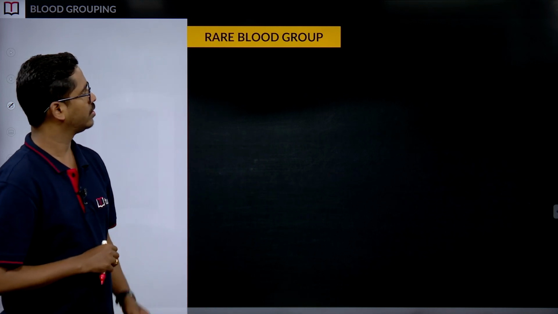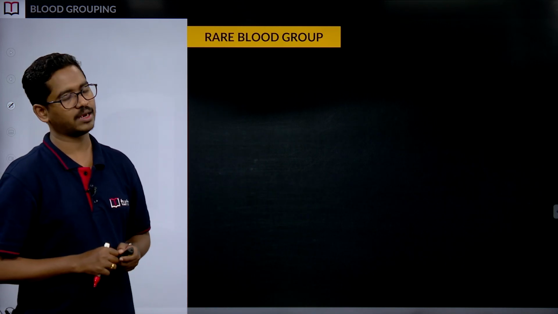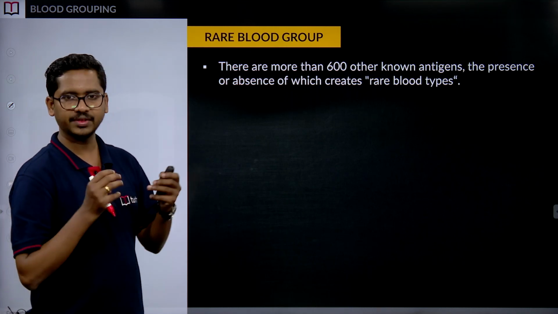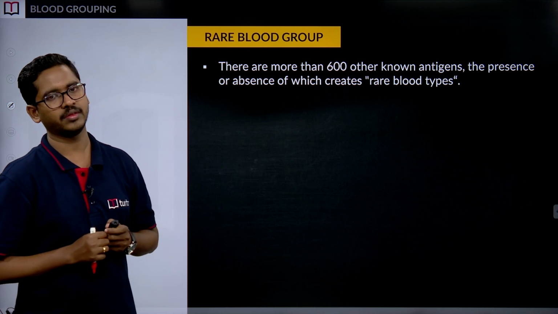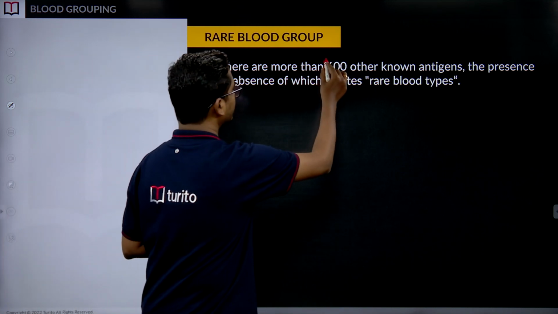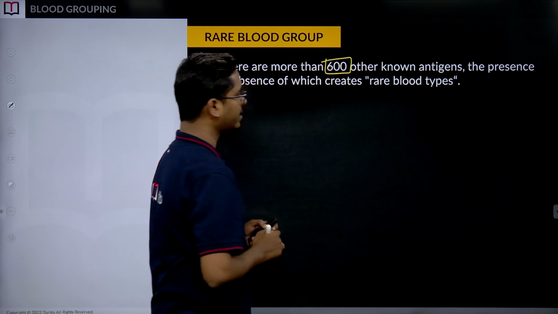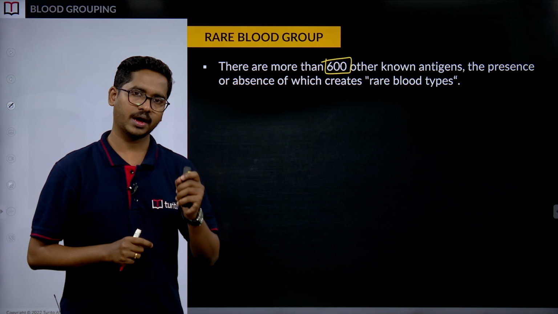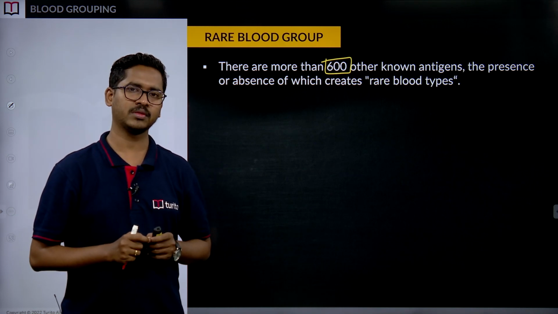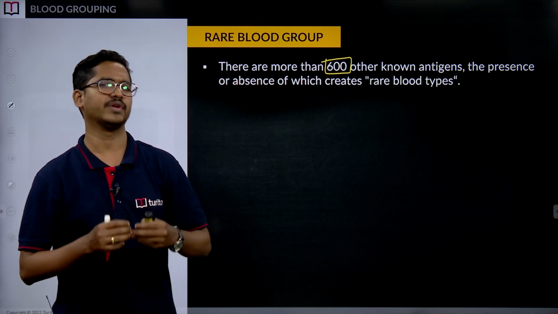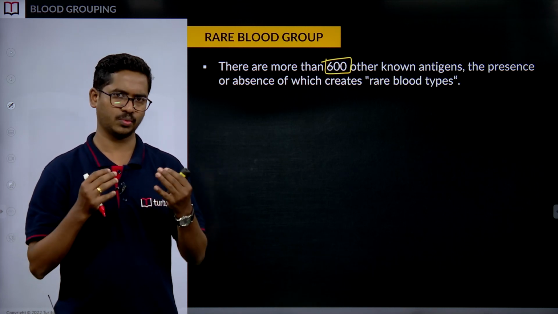Okay. I want to show you something else about rare blood groups. Now, there are antigens on the RBCs, we learned, is it not? We know there are more than 600 different types of antigens present on the blood cell surface of different individuals throughout the world.